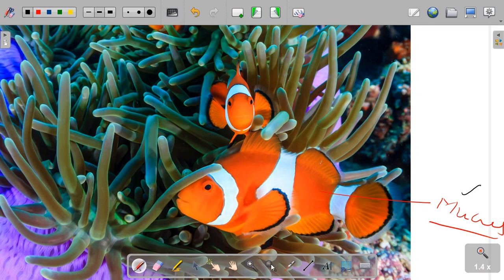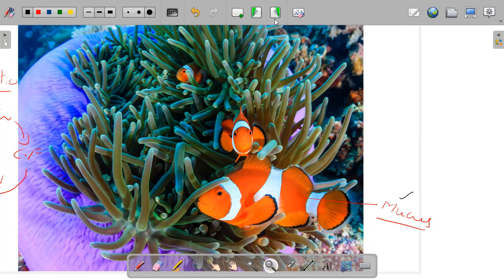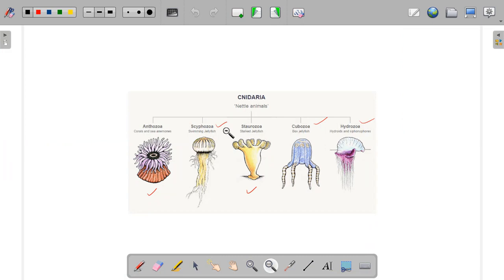These are all sea anemones. You can see they have different life forms. Some of them are sessile, and some categories of Cnidaria are free swimming or free living, and they are all categories under coelenterates.